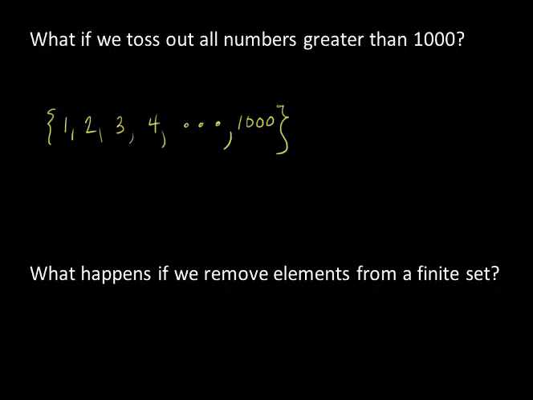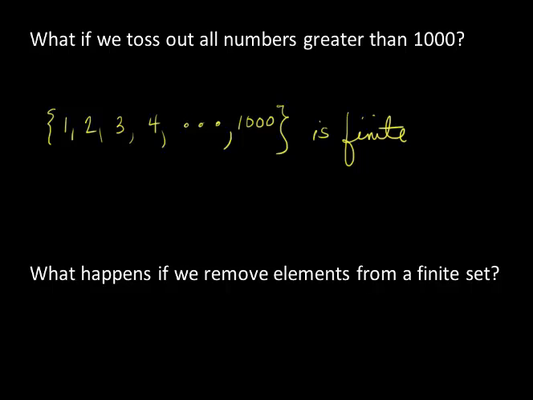It certainly does not have the same cardinality as the natural numbers. So in this case, we threw out infinitely many numbers, and we were left with a finite set. So apparently, you can throw out parts of sets and not change the cardinality, or you can throw out infinitely many and be left with a finite set.